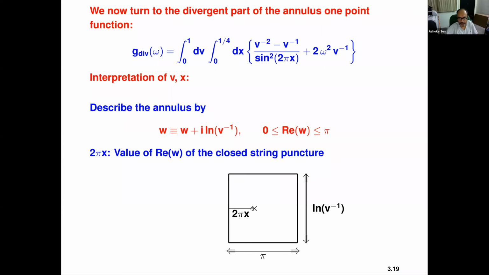So from W equal to 0, it's 2 pi X. Its position in the vertical direction doesn't matter because there is translation invariance in the vertical direction, since these two lines are periodically identified. On the cylinder, you can translate along the circumference and nothing changes. So the position along this doesn't matter, but the position away from the boundary matters. So this is the distance from the boundary.